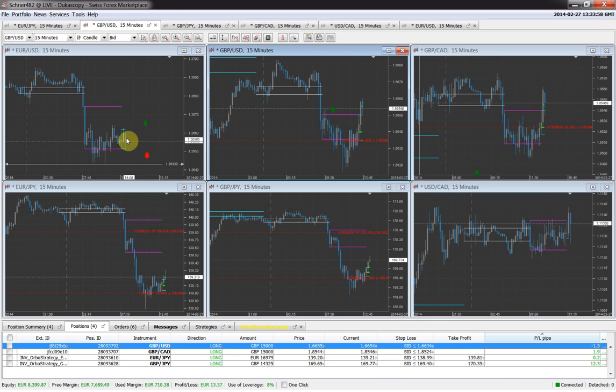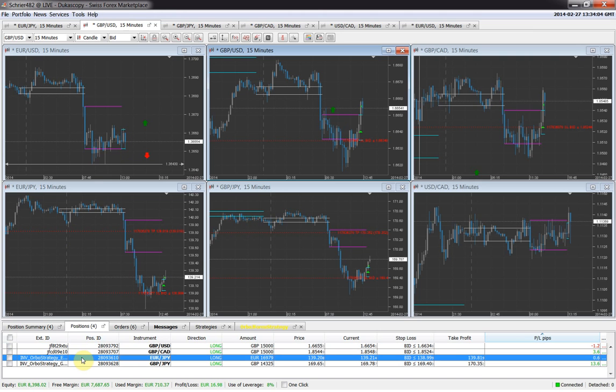Euro dollar, you can see how it's not going anywhere. I remove my orders. Okay. Let's see. Not too much movement after the news. Guys, any feedback? Any idea? What do you think? Do you have any position?